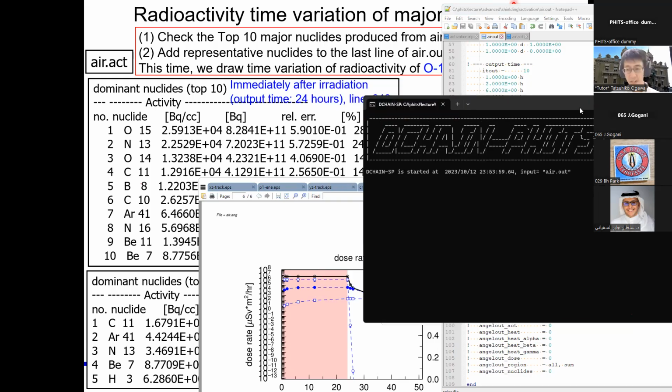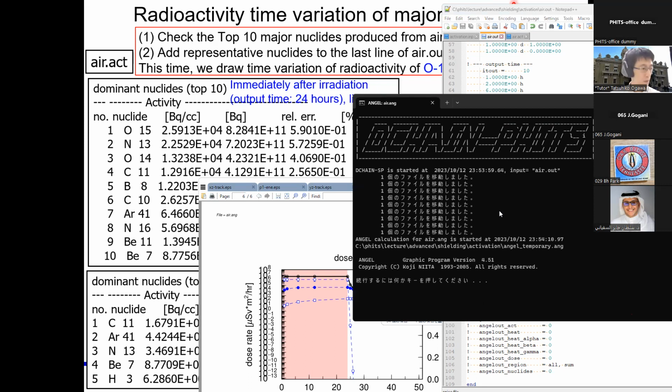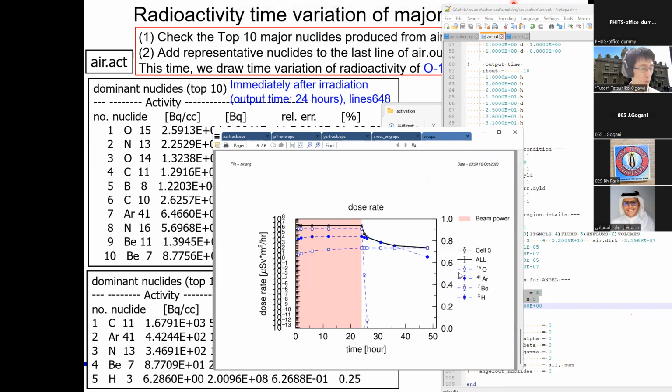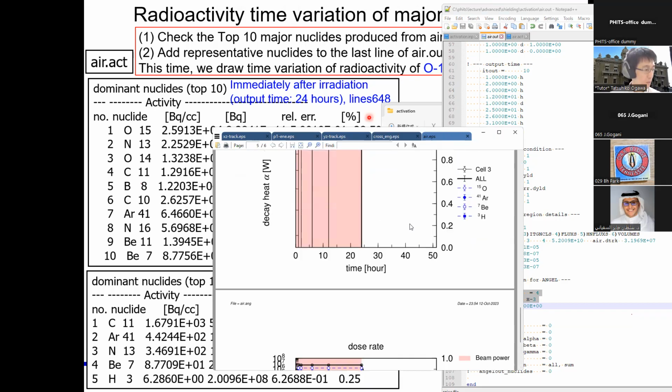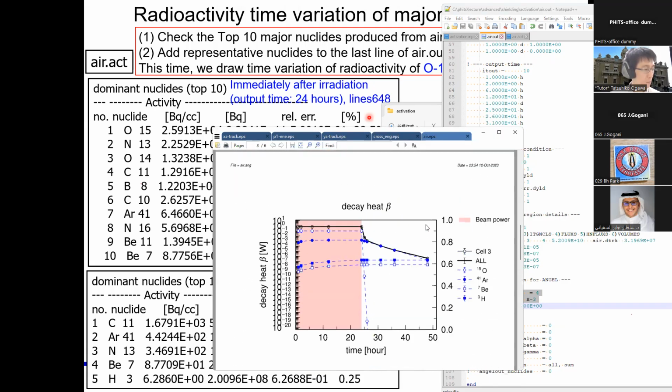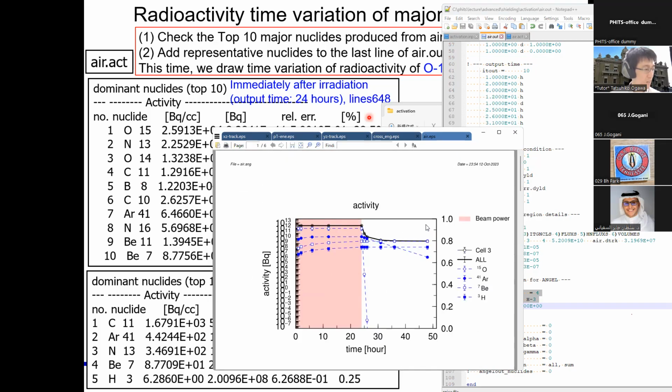Then you get an updated EPS file, showing the contributions of isotopes of interest: dose rate, decay heat, gamma heat, beta heat, and activity.